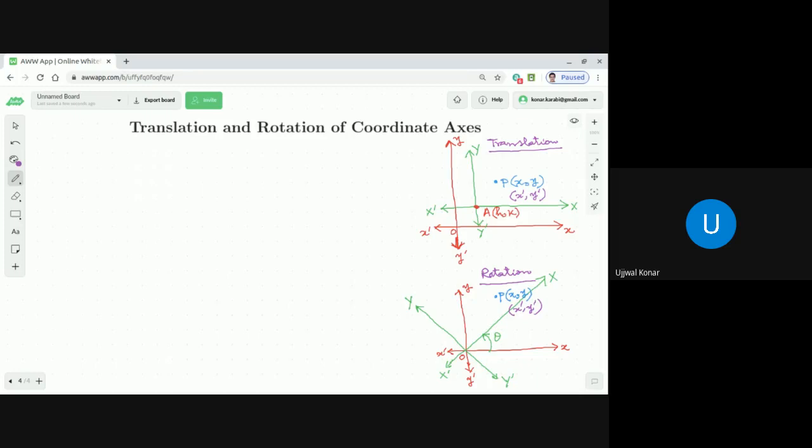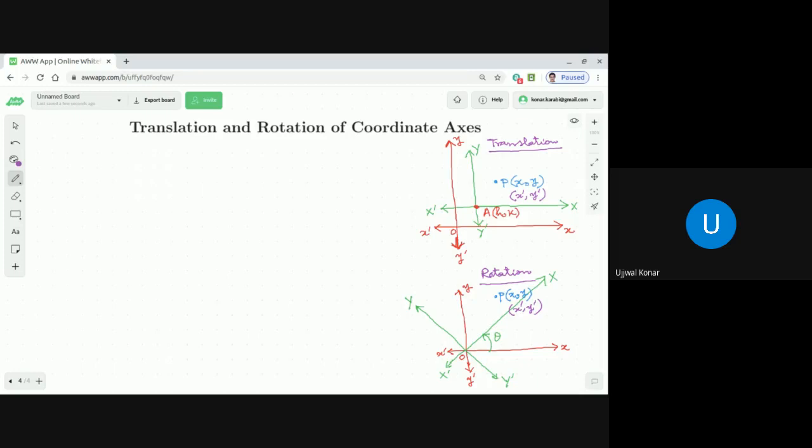Correct, dear students? In translation, I explained that the coordinate axis moved in a rectilinear way, so that the new origin becomes the point h comma k with respect to the previous coordinate system, and we want to find the coordinates of the same point P with respect to the new coordinate system in terms of x, y, h, k.